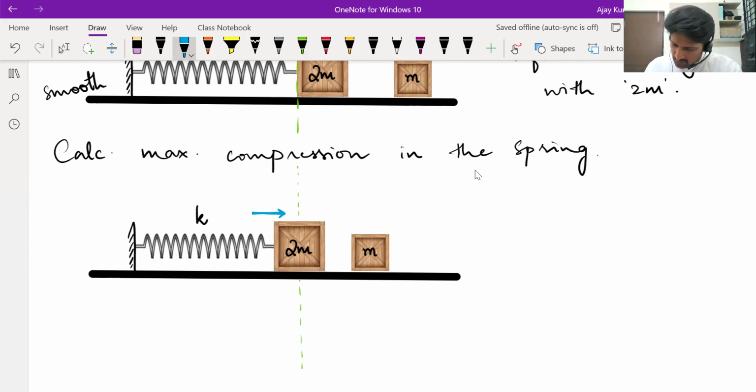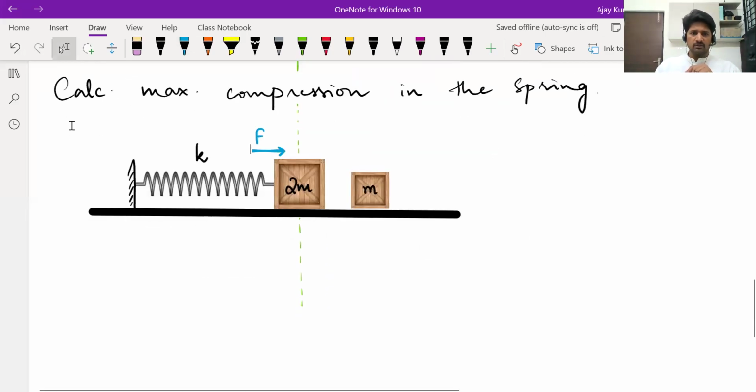Now the force will not immediately stop 2m because the spring has to be compressed by a sufficient amount to exert enough force. The momentum that 2m has will reduce gradually. Spring force is not an impulsive force. It cannot exert a large force at natural length. So gradually the block of mass 2m will slow down.